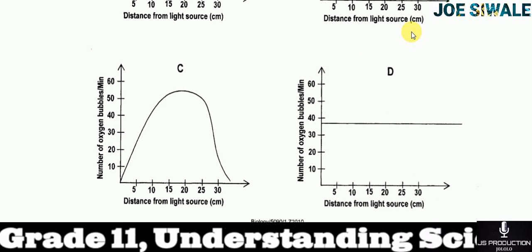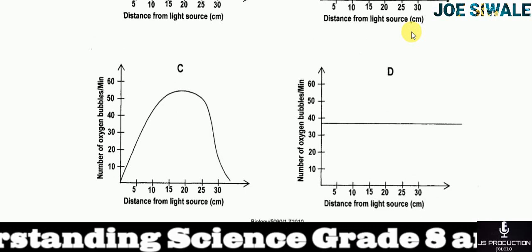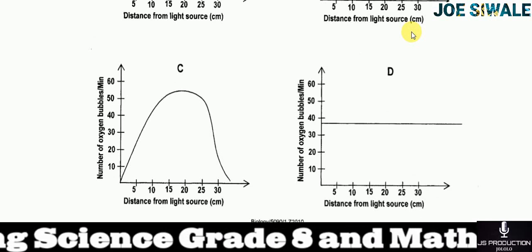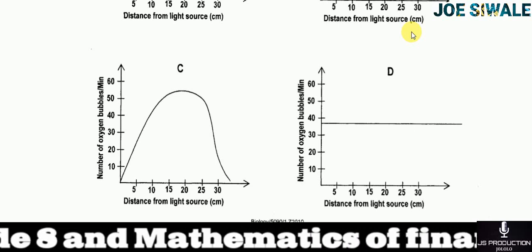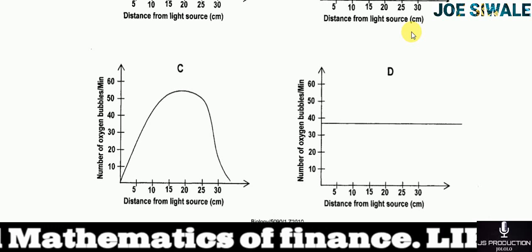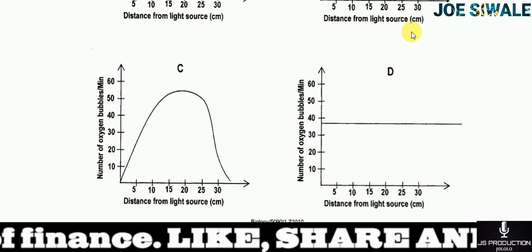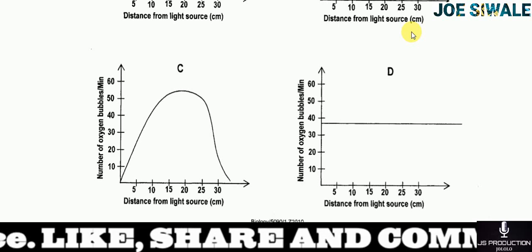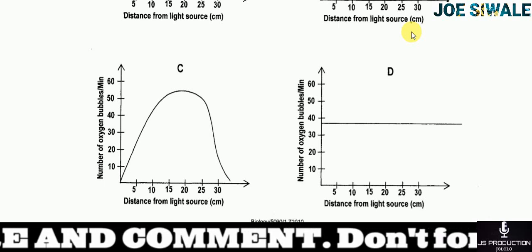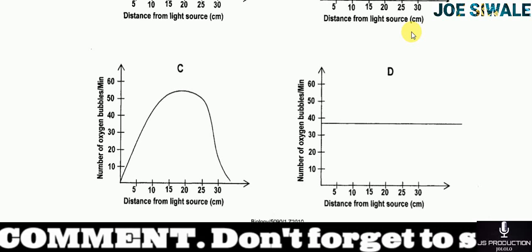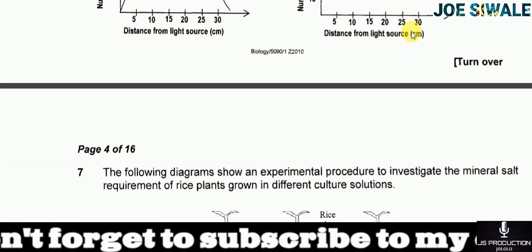If the plant is close to the light source, the rate of photosynthesis will start to increase, and this will mean there will be an increase in the amount of oxygen produced. But after the pond weed is moved further from the light source, photosynthesis will start to reduce. So my answer is C.